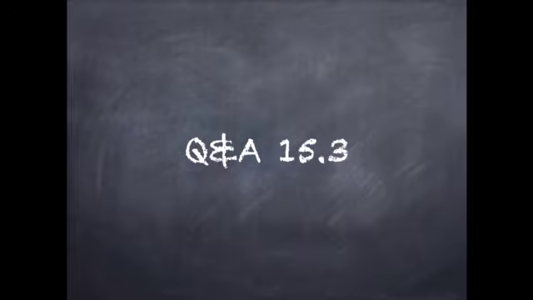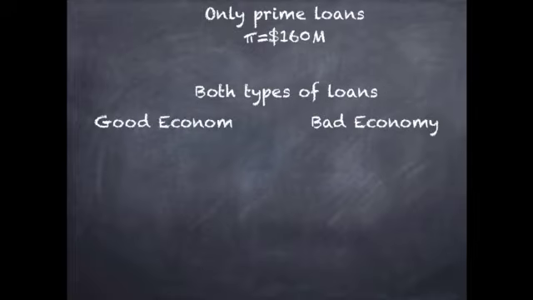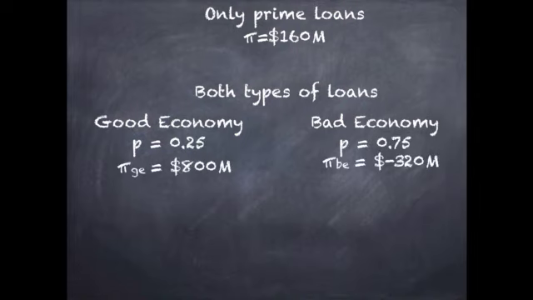So let's go here and take a look at what the important pieces of information are. If this bank only makes prime loans, we know that their profits are going to equal $160 million. If the bank decides to make both types of loans, now we have to figure out the expected value, or the expected profit, because profitability is dependent upon whether the economy is good or bad.